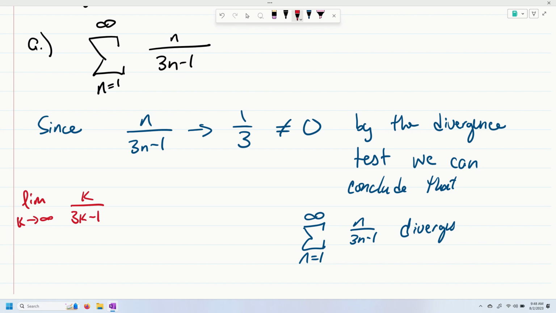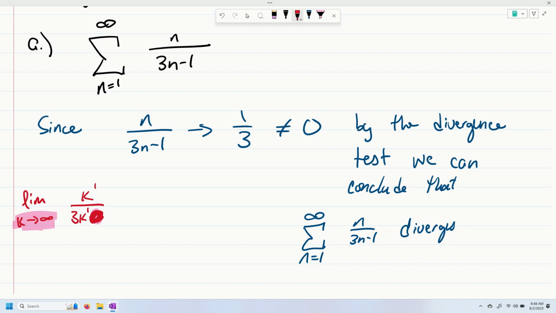Now, remember from the previous video about the degree of the numerator and the degree of the denominator. Since our degrees on the numerator and denominator are both the same, they're both the number 1, what ends up happening is, as k goes to infinity, this minus 1 means absolutely nothing. It's like saying you have $100 million minus $1.